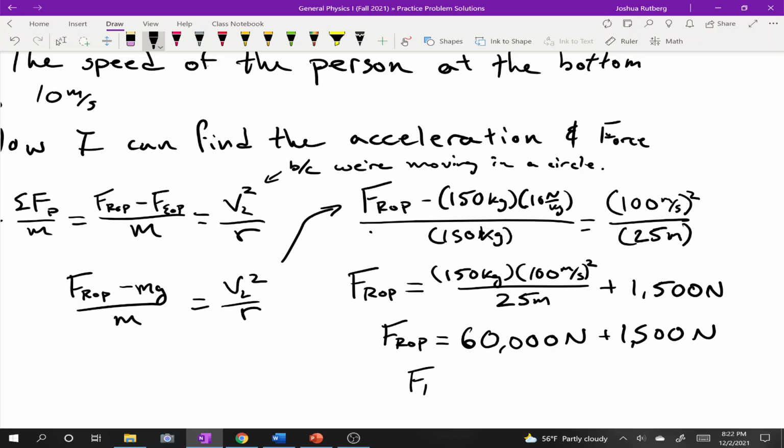So the force the rope exerts on the person would have to be 61,500 newtons.